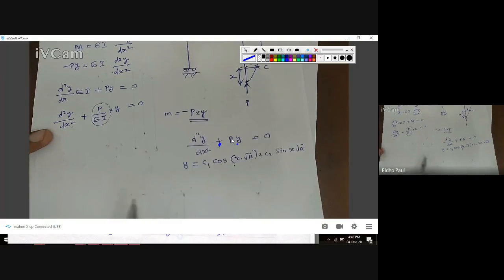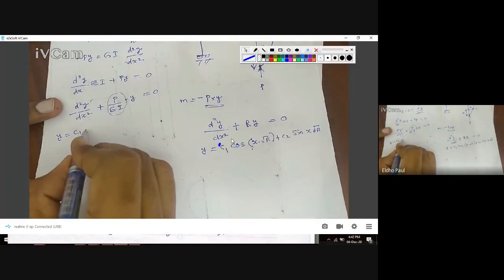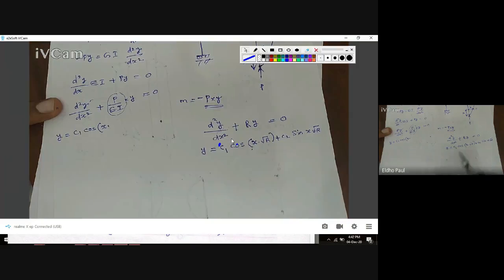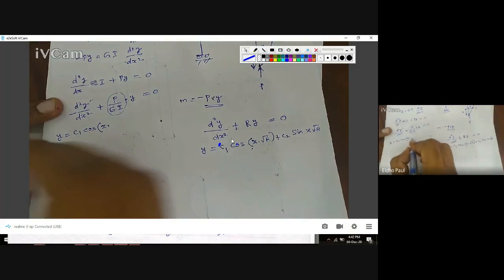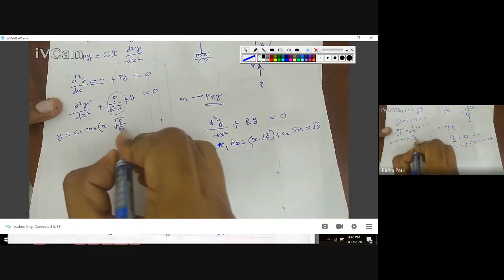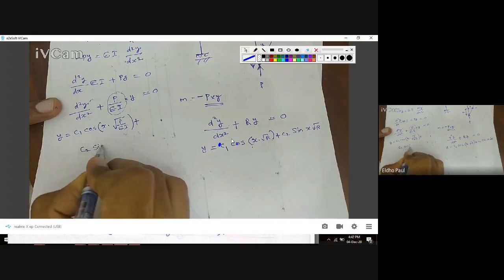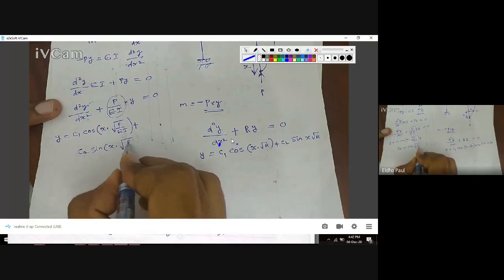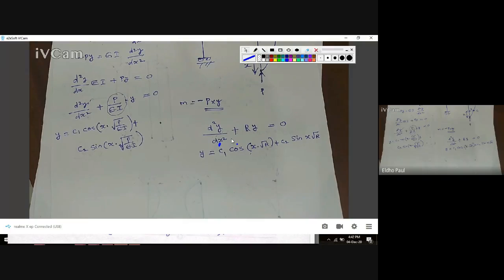So we can write the solution of this differential equation: y equal to c1 cos x into root r, but here r is equal to p by EI, so root p by EI, plus c2 sin x into again root p by EI. This is the solution. So we got the solution of this differential equation.